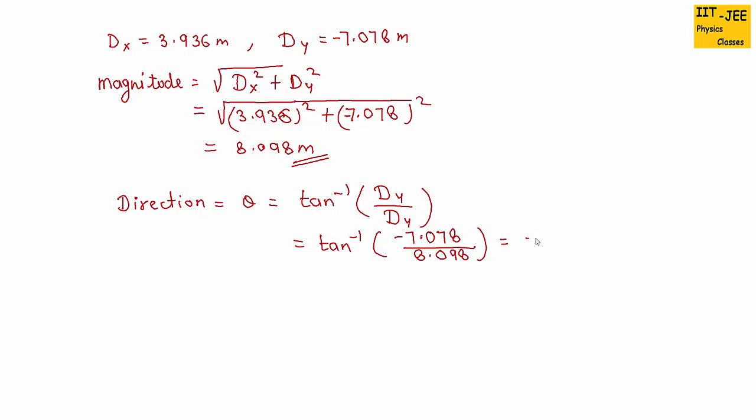This gives us minus 41.15 degree. So you know our displacement vector was like this. So from positive x-axis, it is in the clockwise direction. This one would be 41.15 degree, our displacement. So John displaced 8.098 meter at 41.15 degree clockwise direction from the positive x-axis.